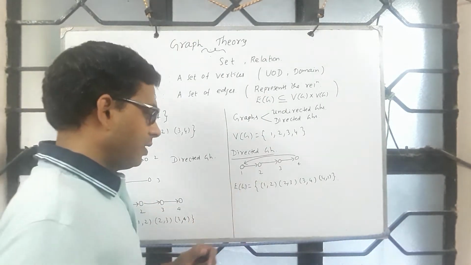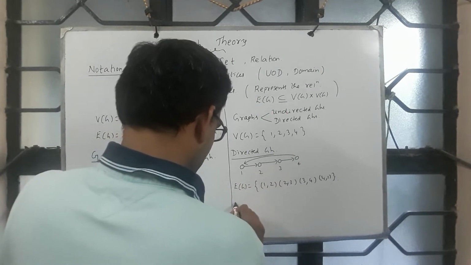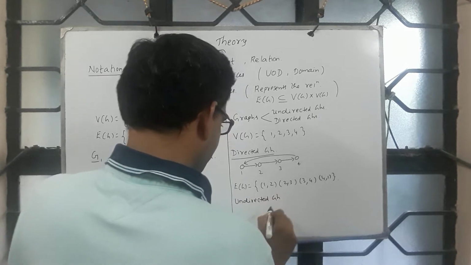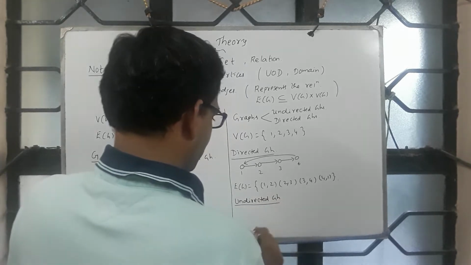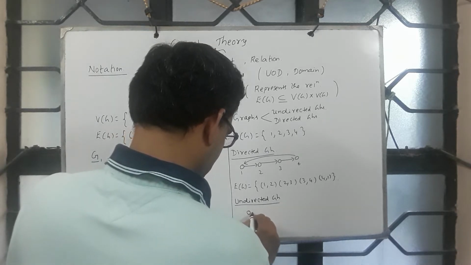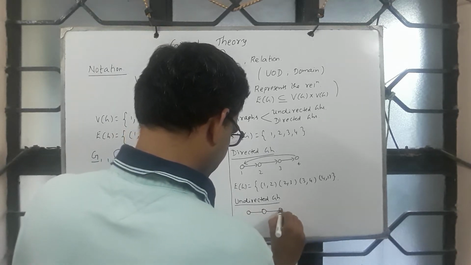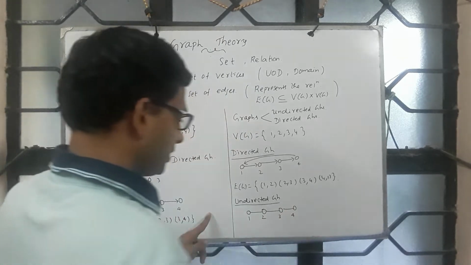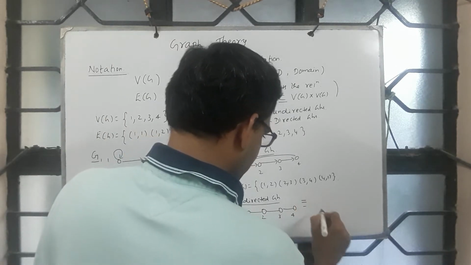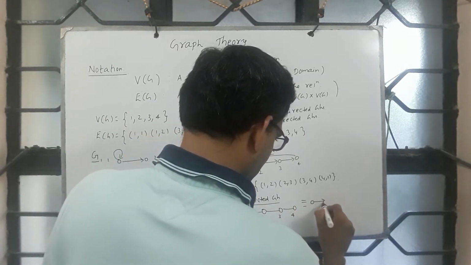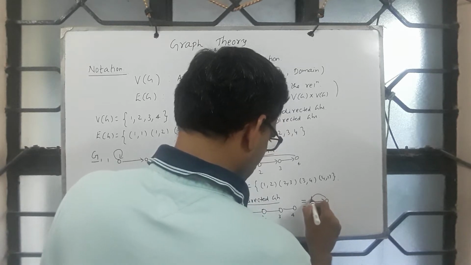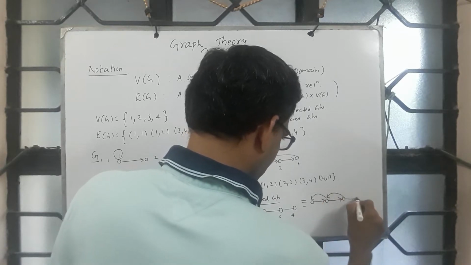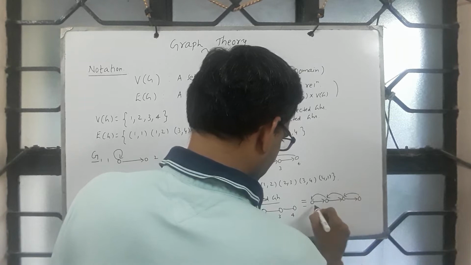Now, for the same set, one can also define undirected graphs. In an undirected graph, we drop the directions. So 1, 2, 2, 3, say 3, 4, which is equivalent to saying that from 1 to 2 there is a directed edge, 2 to 1 is also a directed edge, 2 to 3 and 3 to 2, 3 to 4 and 4 to 3.